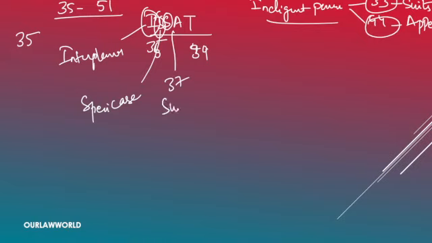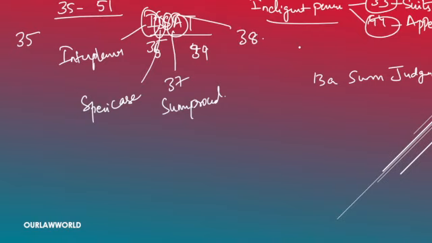37 is summary procedure. So don't get confused between summary procedure and summary judgment. Order 37 is summary procedure, whereas order 13A is summary judgment. And the next one for ISAT, for alphabet A, 38th order, arrest and attachment before judgment.